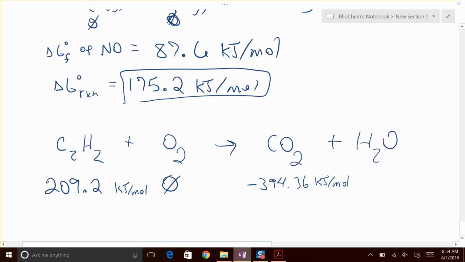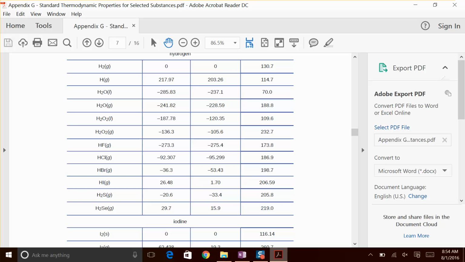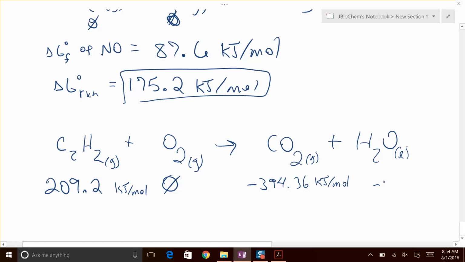What was the state of this? Liquid. These others are gases at 25 degrees Celsius. So liquid water, negative 237.1 kilojoules per mole.